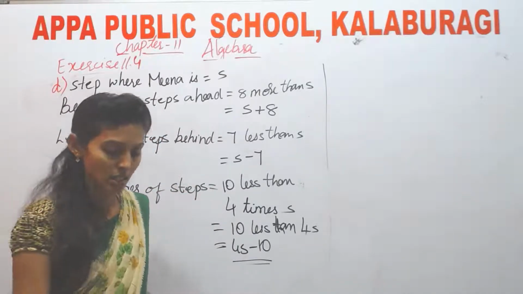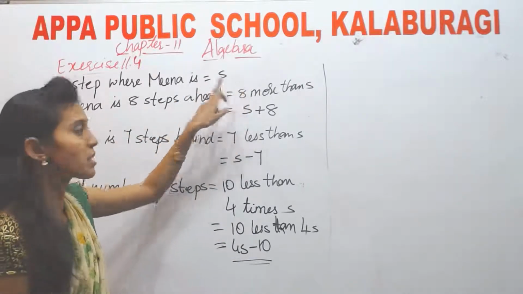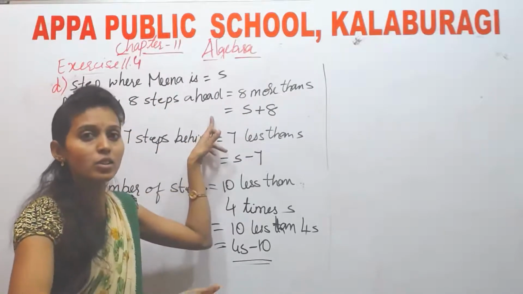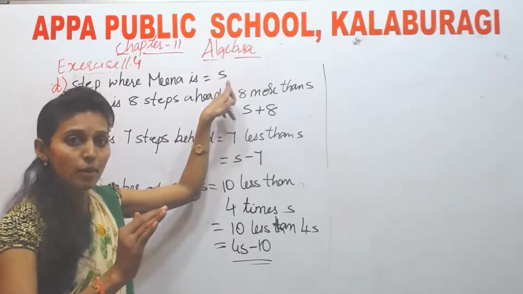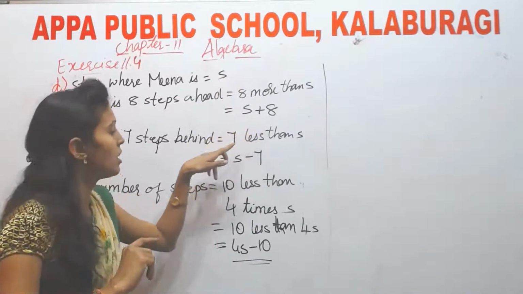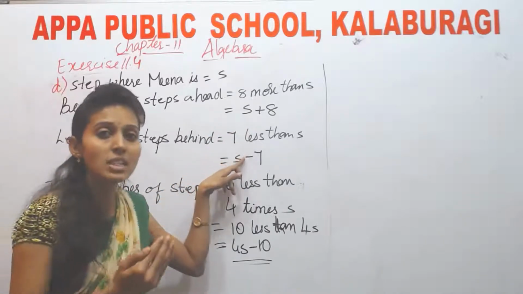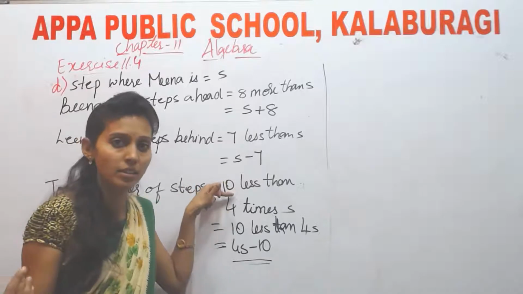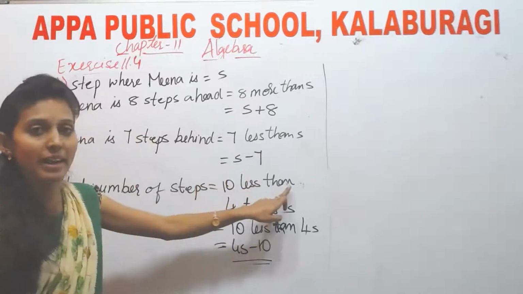Got it? Meena has reached s steps. Beena is 8 steps ahead. Ahead means front. So if she is on the 8th step, she will be on the 16th step. In the same way, Leena is 7 steps behind. Behind means back, so s minus 7.